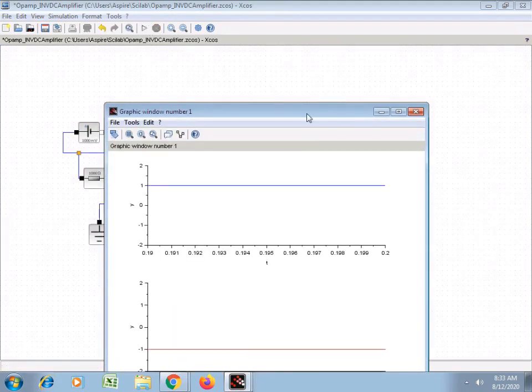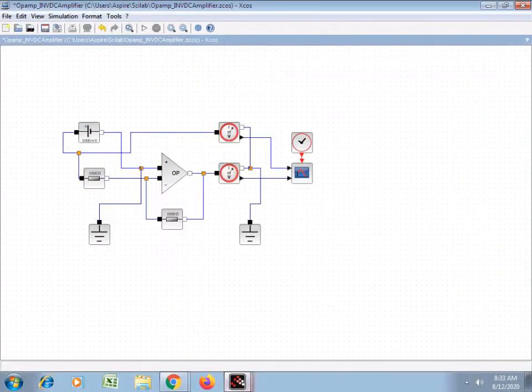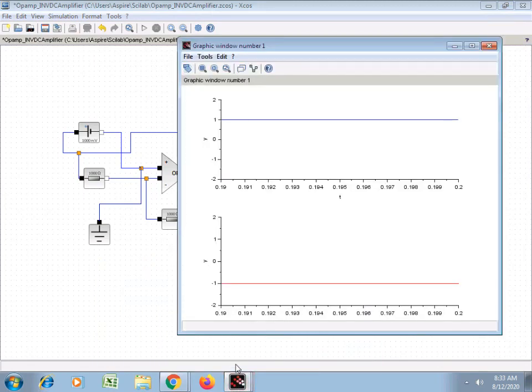So this is the graphics window showing the output of this inverting amplifier. This is the input that I have given, that is 1 volt, and the output is -1 volt because the gain is 1, and as it is an inverting amplifier the output is inverted.